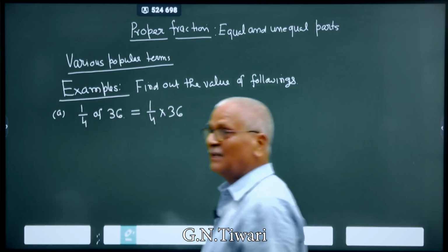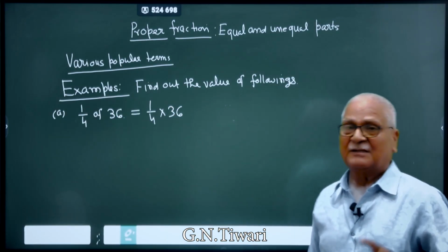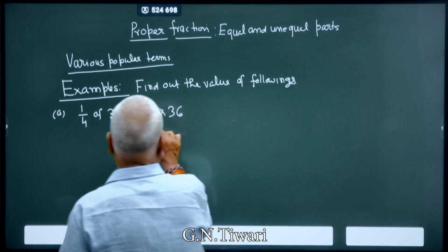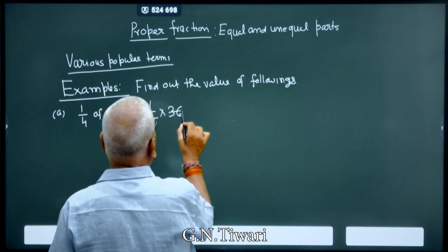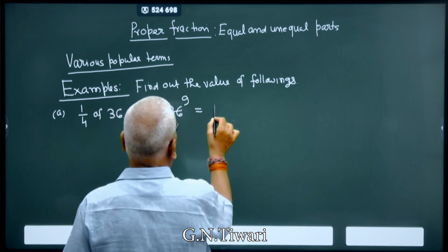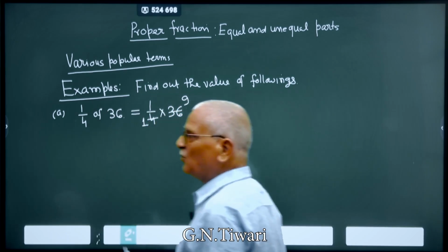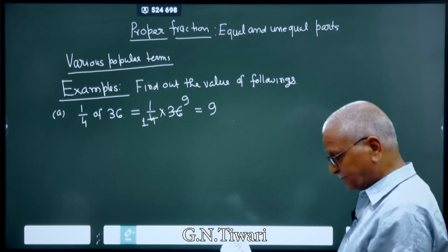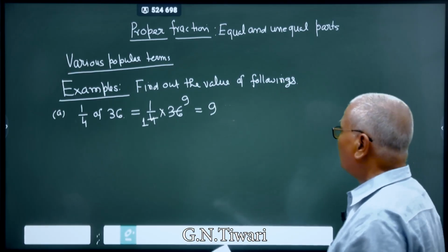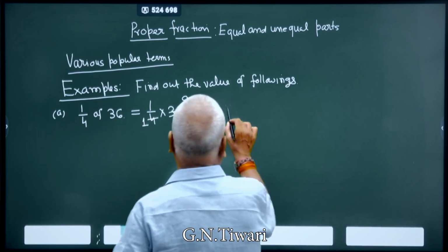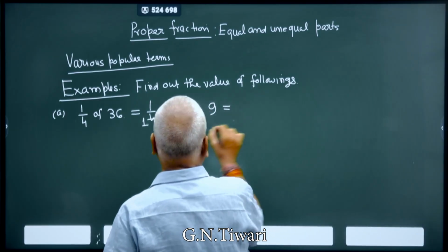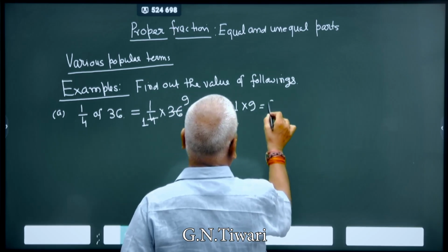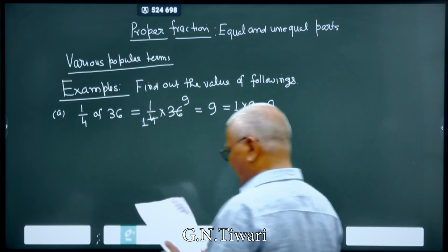Or as I mentioned, the student should remember the tables from 1 to 10. So 4 1 जा 4, 4 9 जा 36. So 9. That means 9 mangoes should be given to Mr. Ram. अब इसको और भी लिख सकते हैं सिंपल वे में. 1/1 is equal to 1, 9 and 9 1 जा 9. थोड़ा डिटेल में मैं बता दिया.